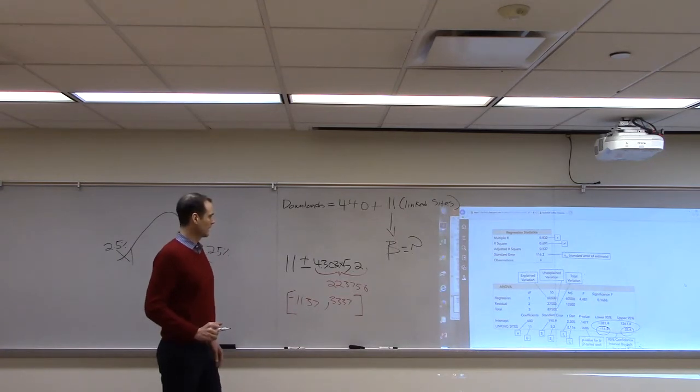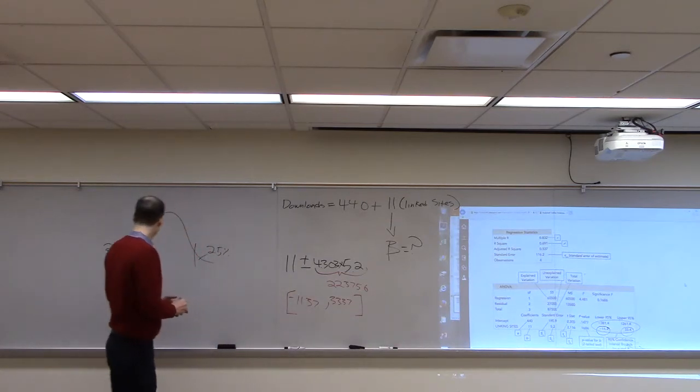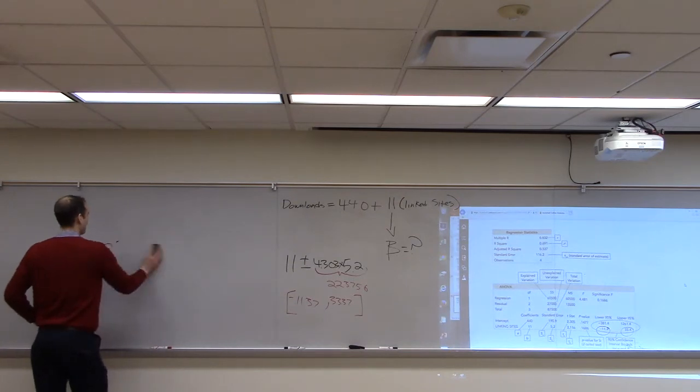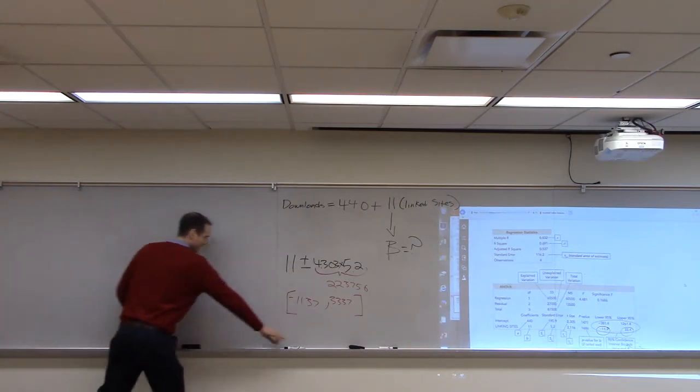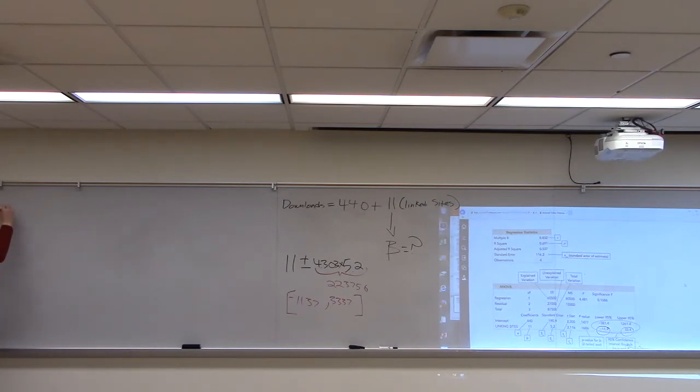Right. Let's do a hypothesis test. What do you say? Why not? All right, let's do a hypothesis test. What is the key hypothesis test we are most interested in? Determining whether or not the true population slope is 0.